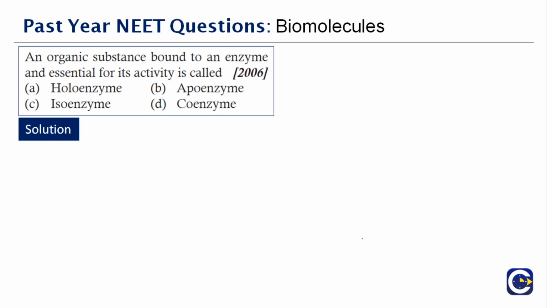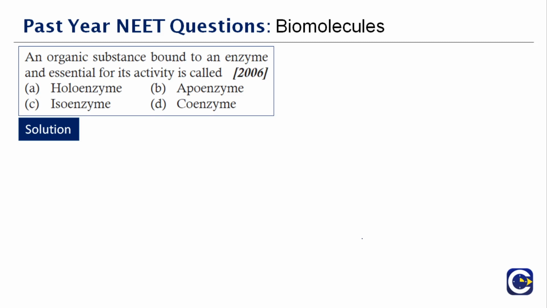It is coenzyme, because a coenzyme is a cofactor that cannot act independently. We all know that. But a holoenzyme, apoenzyme, isoenzyme, they can do it independently. But here they are asking something that is bound to an enzyme and is essential for its activity also.